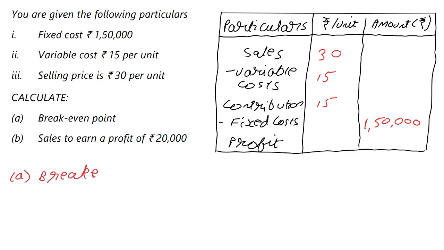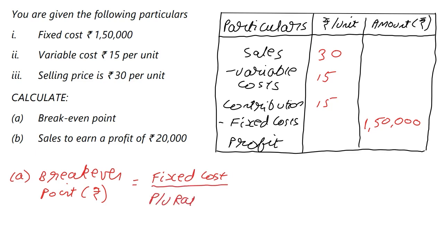They've not told us whether break even point is in rupees or in terms of units, so we'll do both. Break even point in terms of rupees is equal to fixed cost upon what we call the PV ratio.